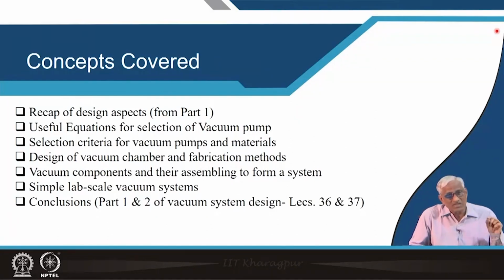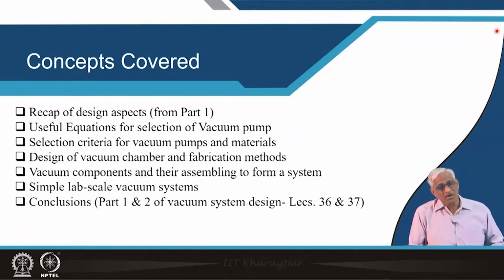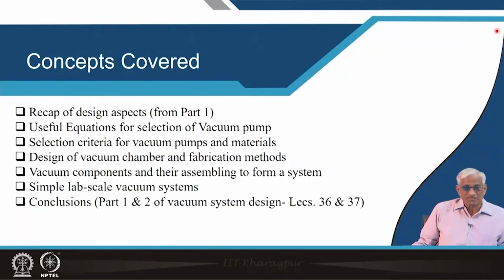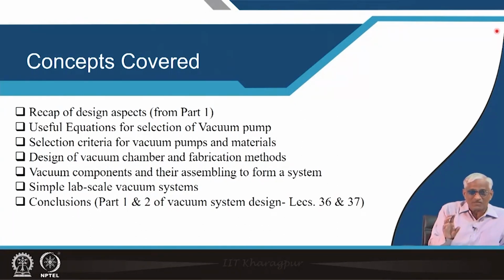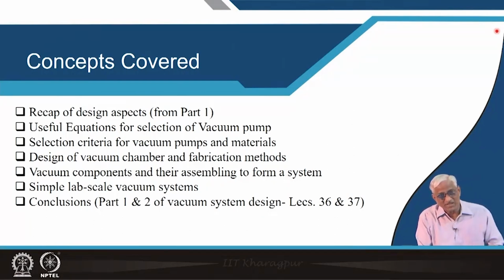We will see a small lab scale system that we normally use in research laboratories, and in the next class all these concepts together will be dealt with in an example called vacuum metallurgical furnace. We have 20 sessions for applications, but I have taken the metallurgical furnace because it operates around a high vacuum level, in between medium and ultra high vacuum, and applies all the knowledge that we have taken in these two lectures.